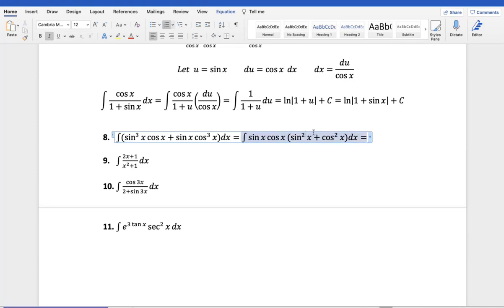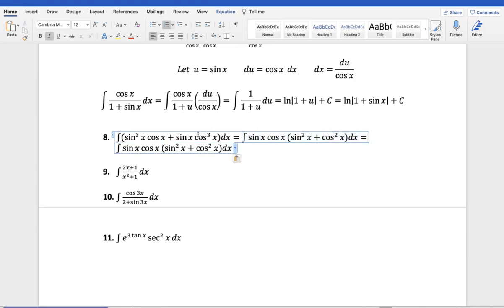And we know that that is equal to 1. So really what we're left with here is the integral of sine of x multiplied by cos of x dx. There are two ways we can do this.